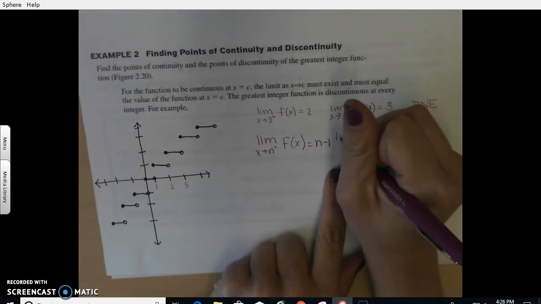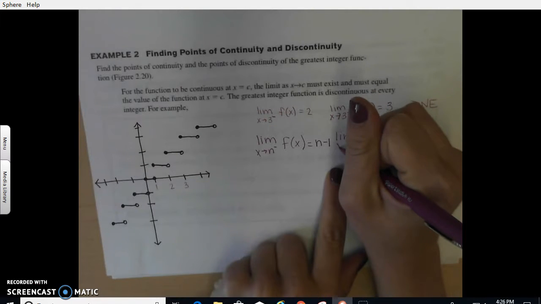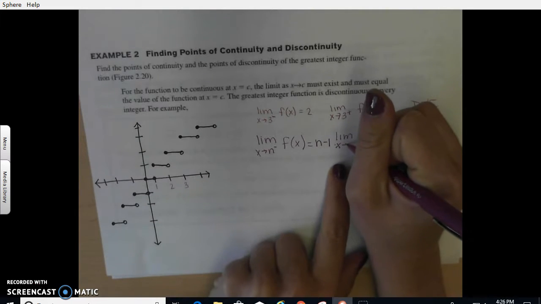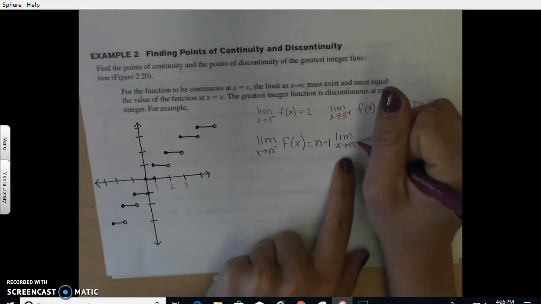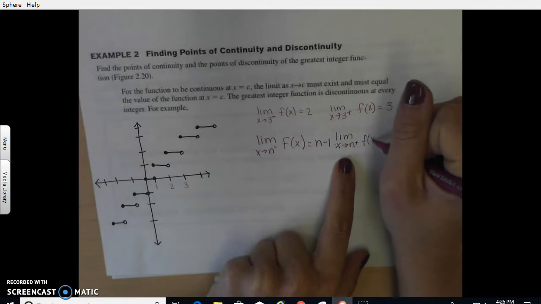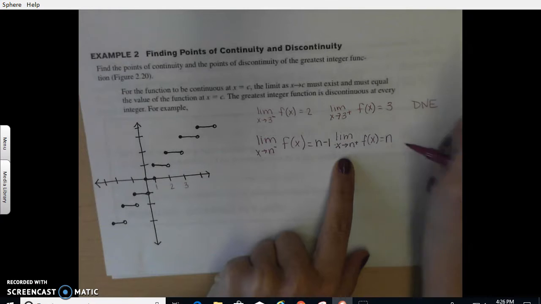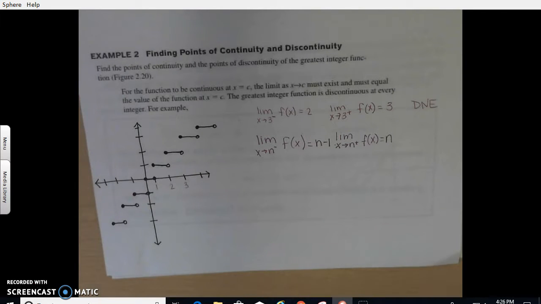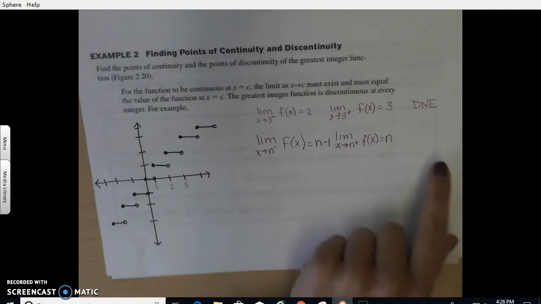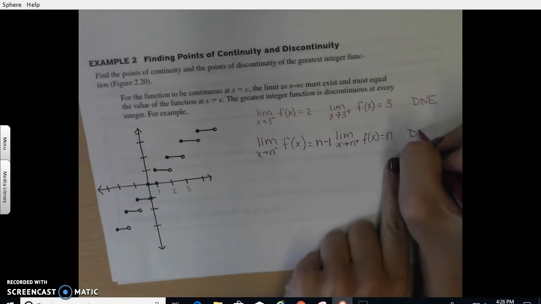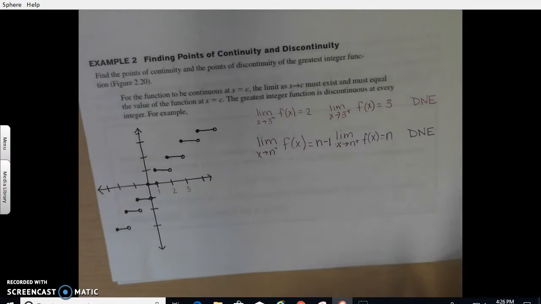If we're looking for the limit of f of x as x approaches n from the right, it is going to be equal to n. Since these two are not equal for all integers, our limit does not exist. Therefore, we have points of discontinuity at every integer.